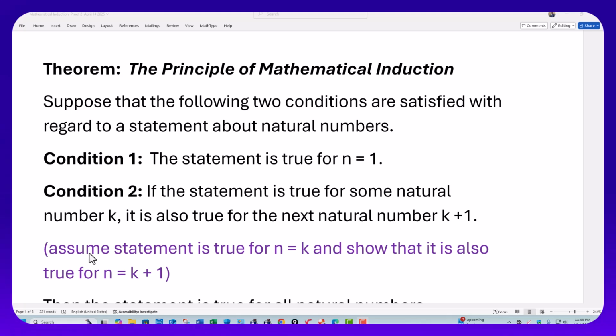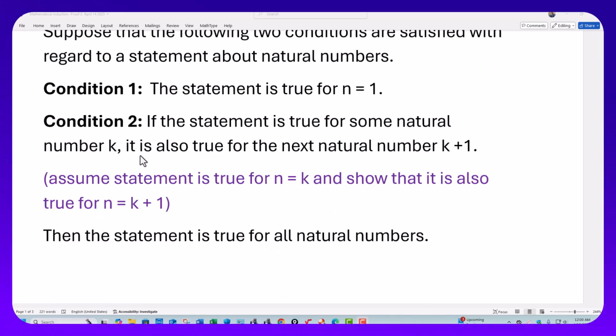So you assume the statement is true for n equal k, and then you have to show that it's also true for n equal k plus 1. If you do that, then you've proved the statement, or the theorem, whatever you want to call it. So you can show those two conditions, and the statement will be true for all natural numbers.